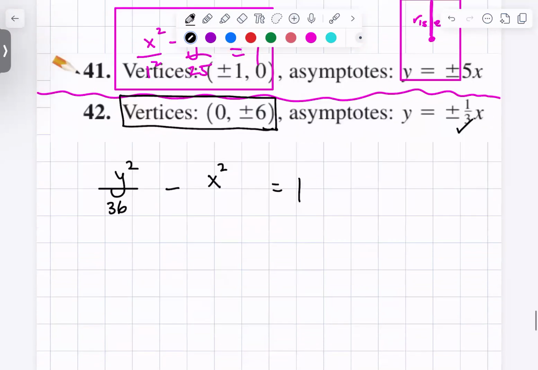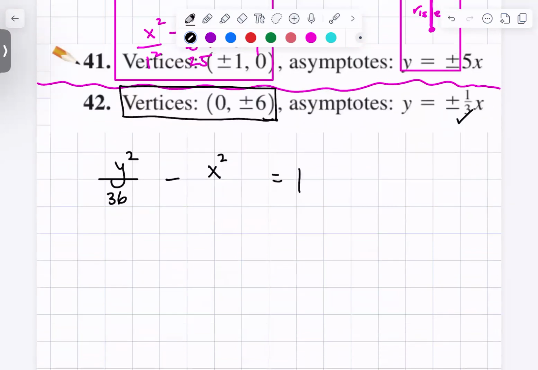So essentially, if I have a box like this, my rise is actually 6 in this case. Right?